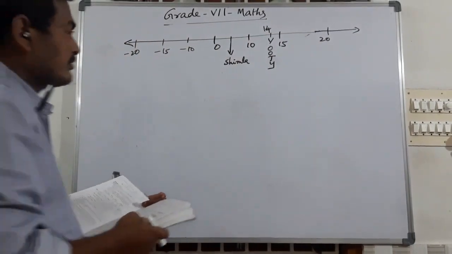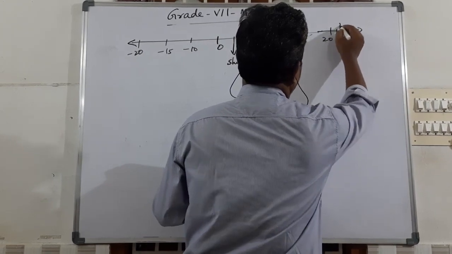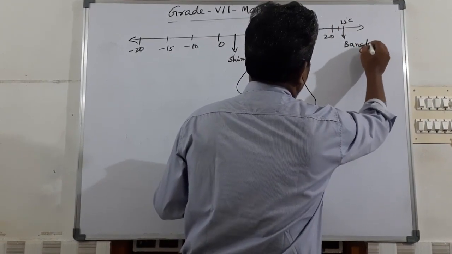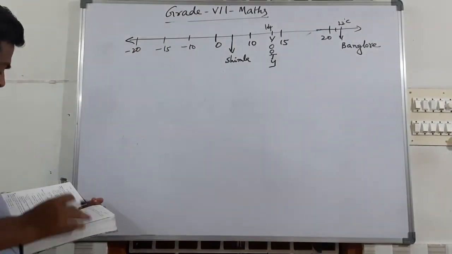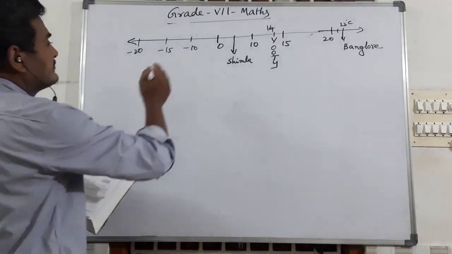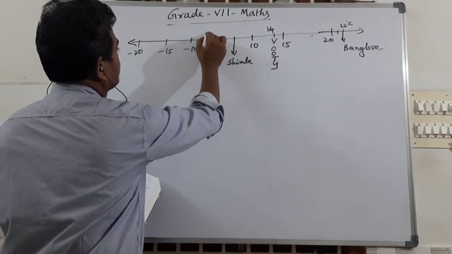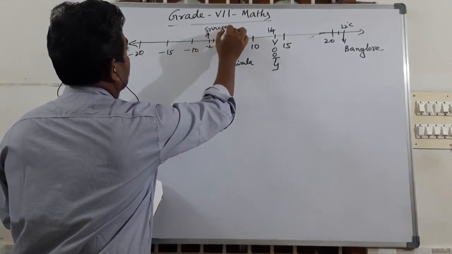And Bangalore is 22 degrees. This is Bangalore, 22. And on the left side, Srinagar. Srinagar is minus 2 degrees. This is Srinagar.